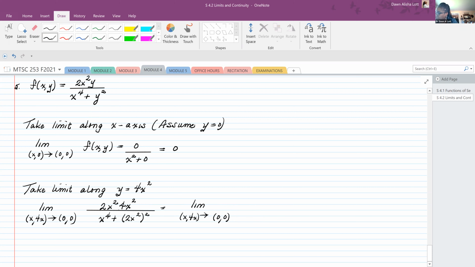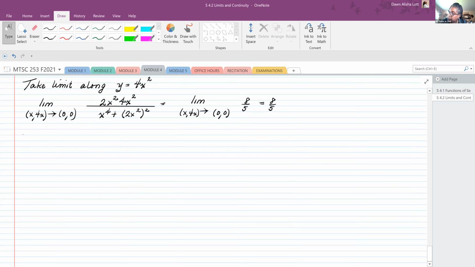And I have 8x to the 4th in the top, and I have 5x to the 4th in the bottom, so I get 8/5. Again, they're not equal, so the limit does not exist. Okay, so that's limits.